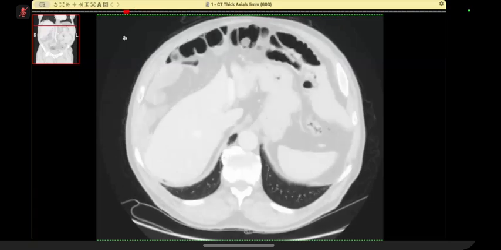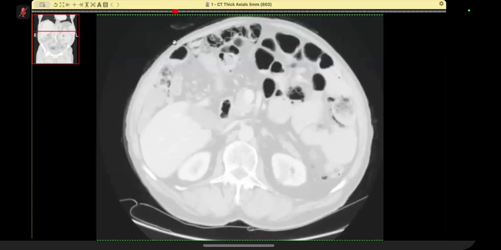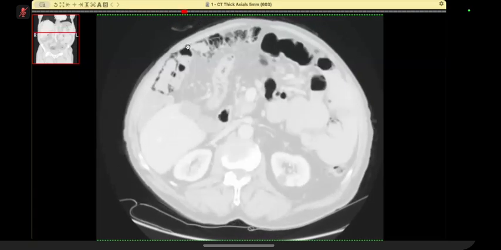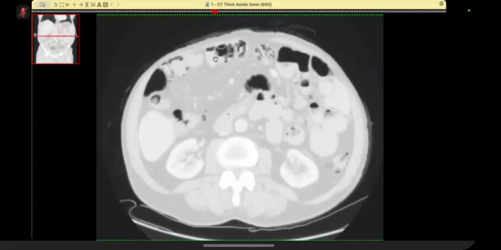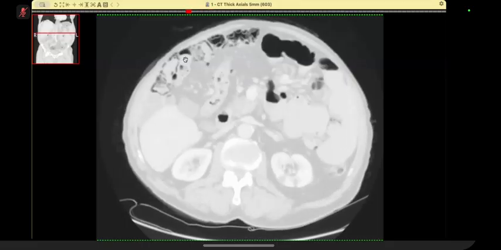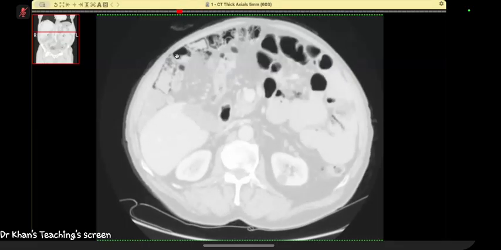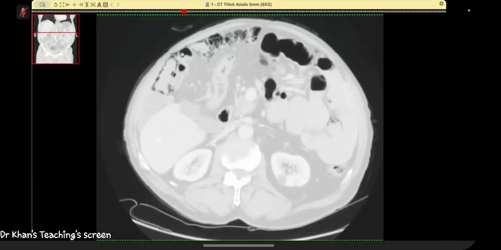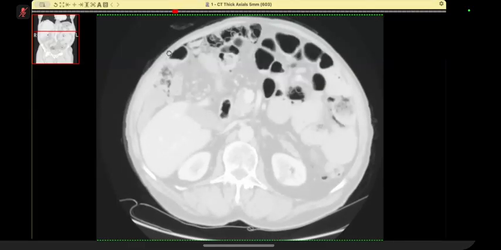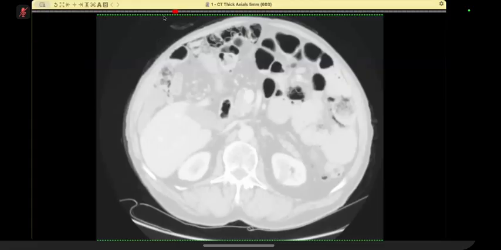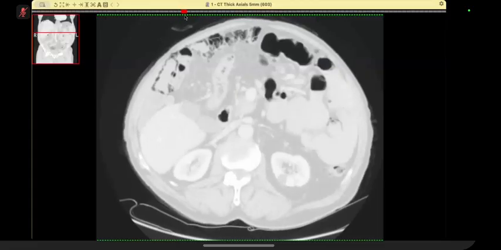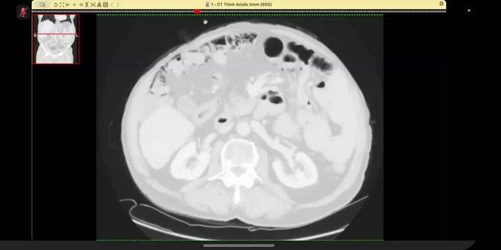There are small foci of gas, but they are noted within the bowel loops. I can see that there are multiple small lucencies noted within the large gut. I would like to trace the bowel loops.